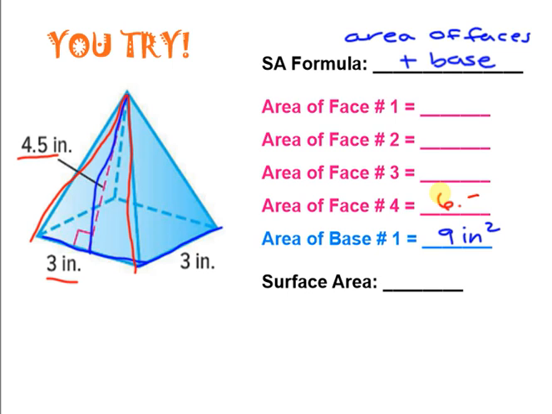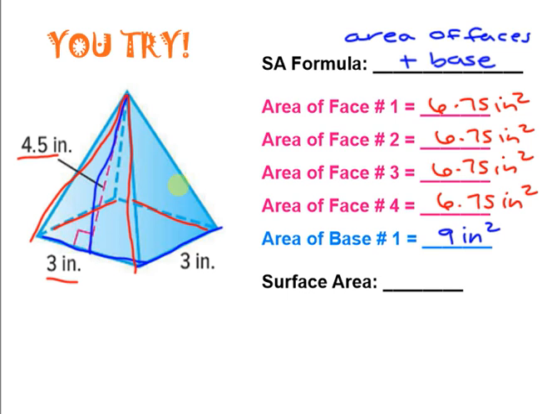That's going to give me 6.75 inches squared. And that's going to repeat for all of them. Because they all have a base of 3 and they all have the same height. I'm going to go ahead and add them up. And I get a surface area of 36 inches squared.